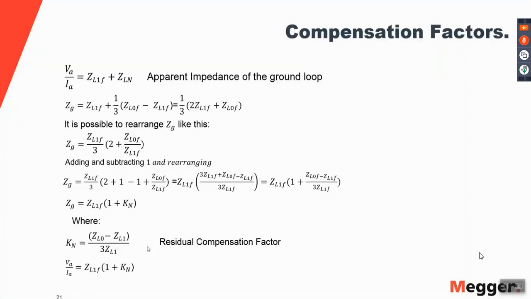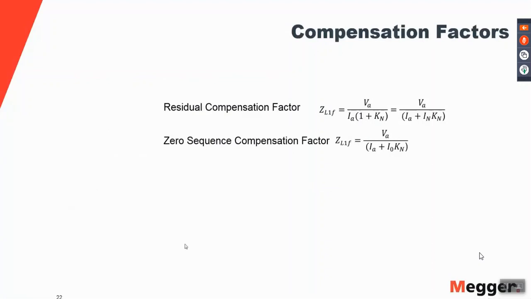We can factor it out to make it 1, and then we are talking about the residual compensation factor, which is given in terms of the absolute zero sequence and positive sequence impedances of the network.